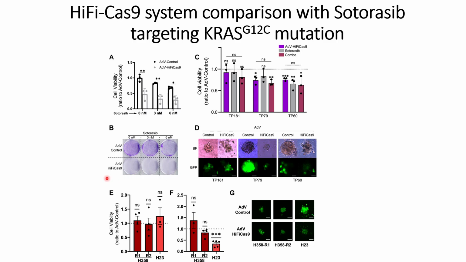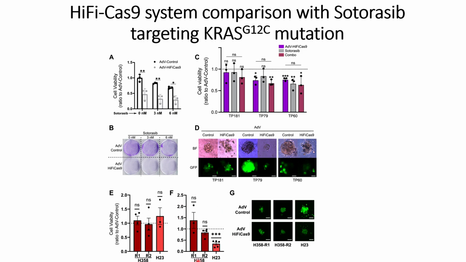After validating that the HiFi Cas9 system works with efficiencies comparable to Sotorasib, they also wanted to see how their system behaves in cells that are already resistant to Sotorasib. They took the Sotorasib resistant cells, and in panel E, the 2D culture model, they do not see a significant difference in cell viability.